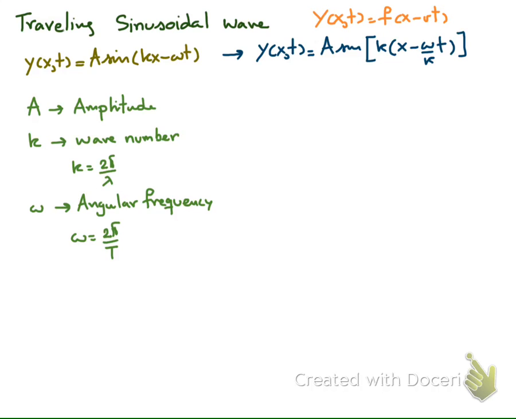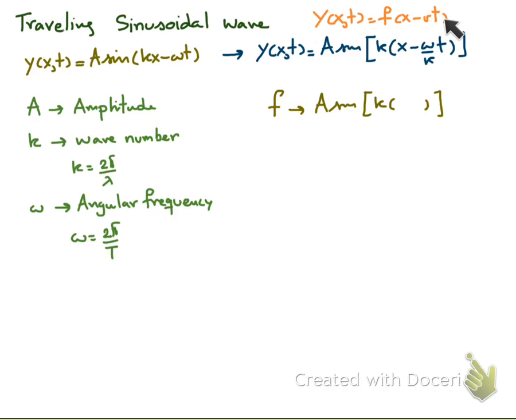If we say that the functional form is A sine of k, something like this, the argument of this function is x minus omega over k t.